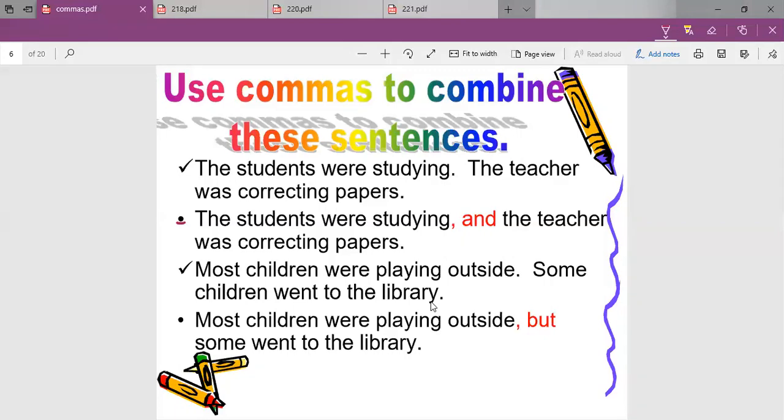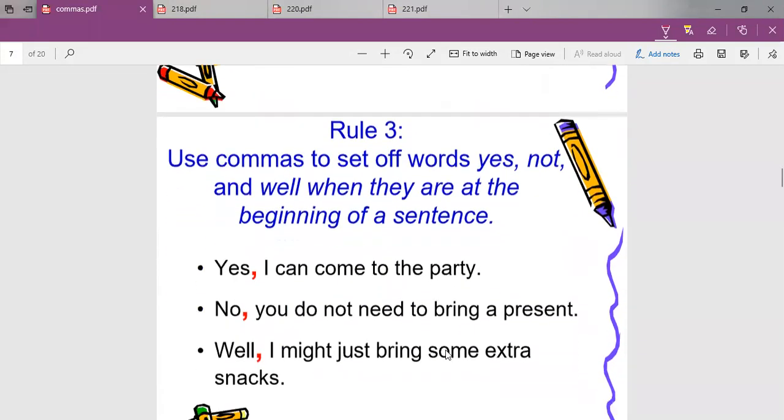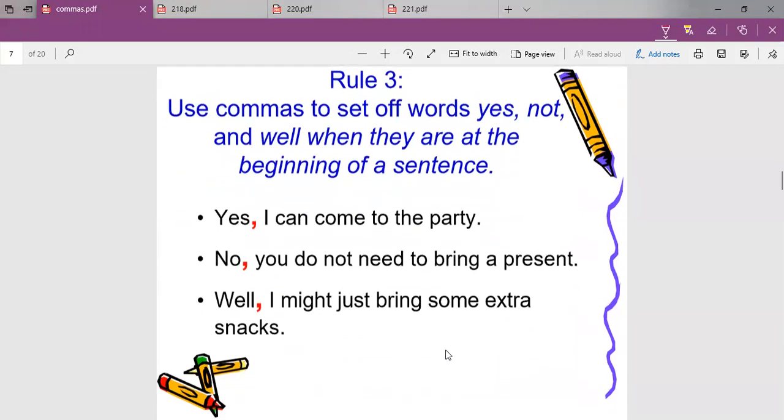When I'm going to join these two sentences, I have to use a comma and another word to join them. So this is the second rule of how to use commas in the English language. Okay. I will read the last one. Okay, now we have here rule number 3. Rule number 3. Ishal, can you please read it?